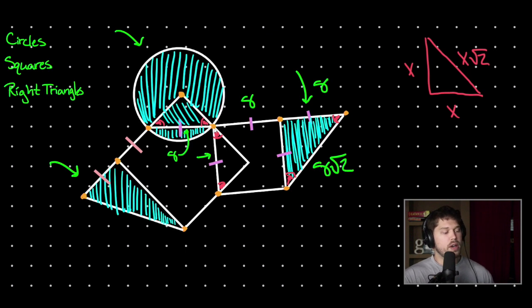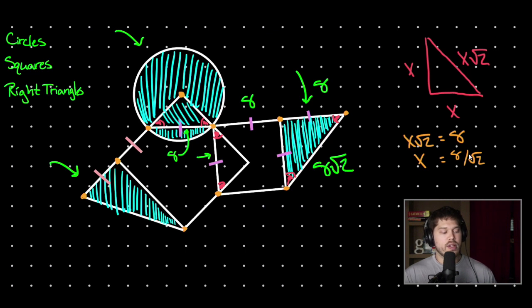So what is our radius? Well, we can again use our 45, 45, 90 right triangle. We're simply going to set our hypotenuse, that's x square root 2, equal to 8. And then we can solve for x to give us our side length. So we'll solve for x by dividing both sides by the square root of 2 and have 8 over the square root of 2 is equal to x.